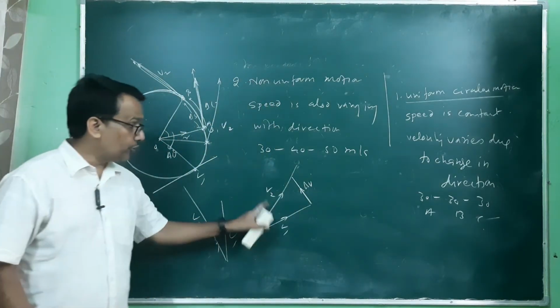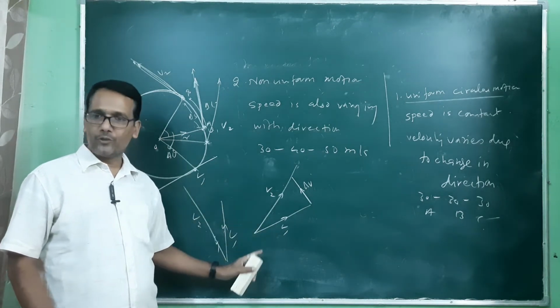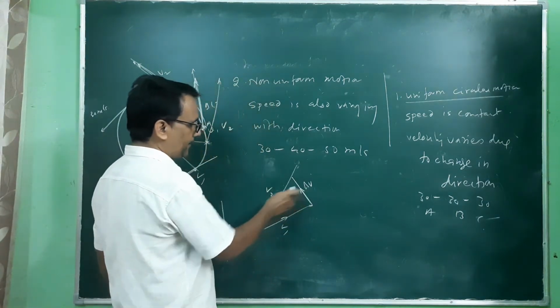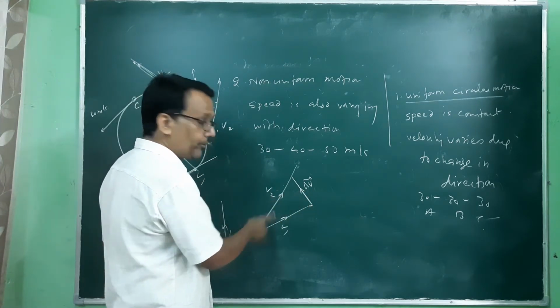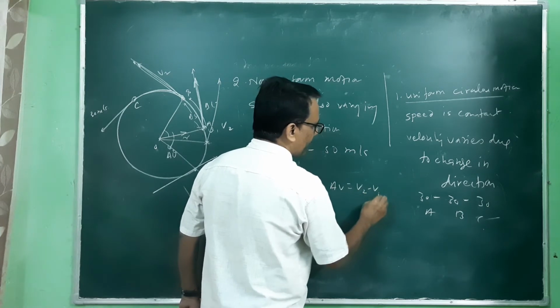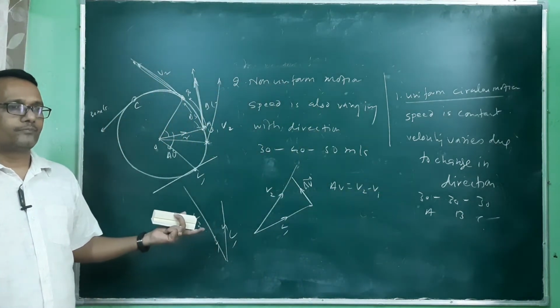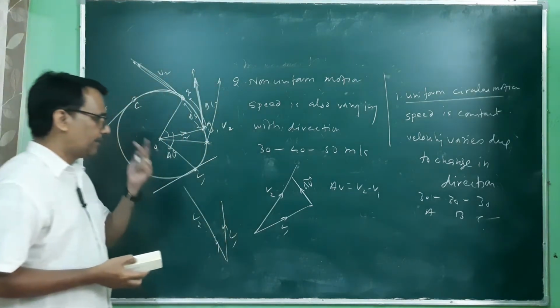Here the direction is changing, and the magnitude is also changing. So V1 plus delta V is equal to V2, so delta V is equal to V2 minus V1, in vector form.